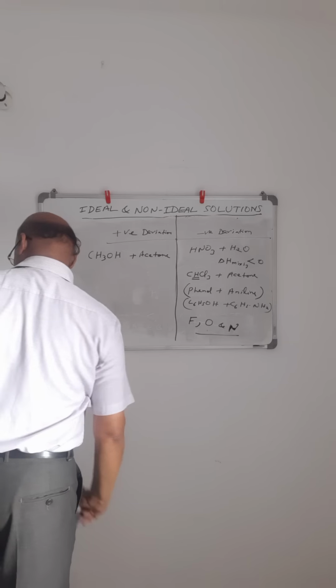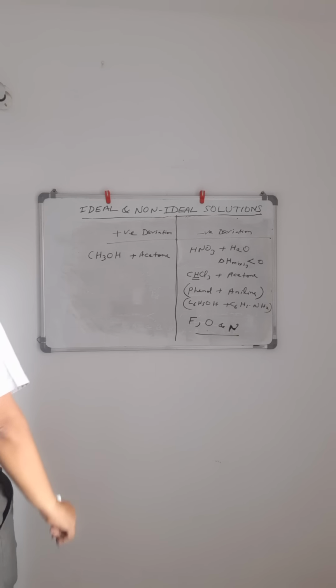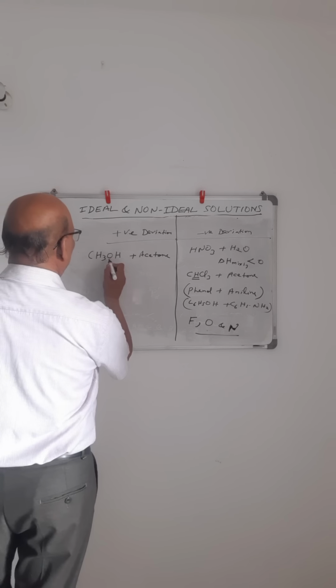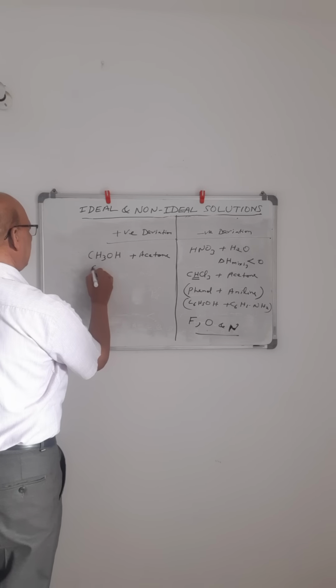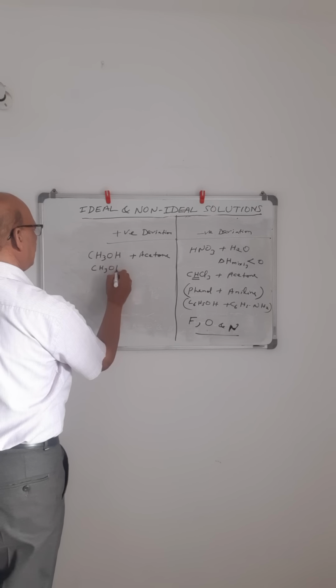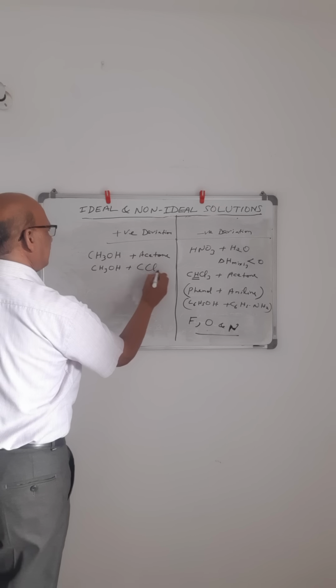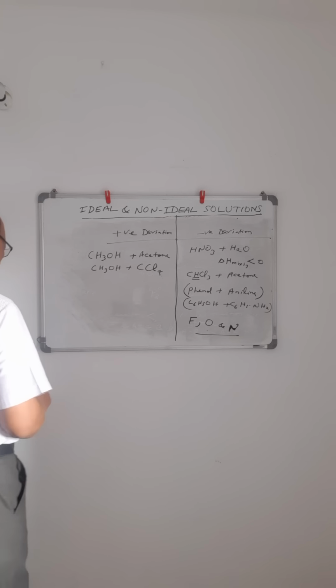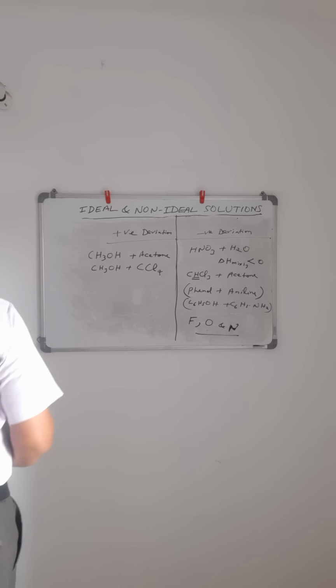Now what will happen? This will show positive deviation because acetone will try to weaken the hydrogen bonding of methanol. Suppose I take the example of CH3OH plus CCl4, carbon tetrachloride. This will also weaken the hydrogen bonding of methanol.